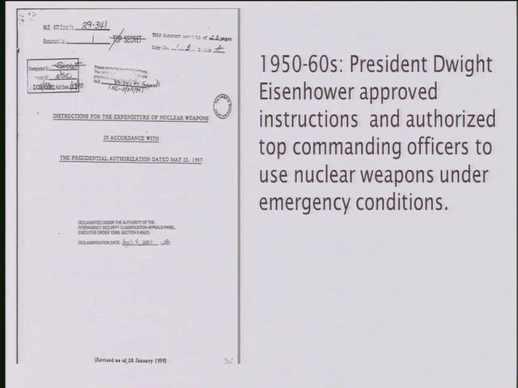So there were these secret codes that were to be used, but the point was to make sure that among the officers who were authorized to do this, no single one would have the information necessary to actually set off the device, to actually launch a missile.